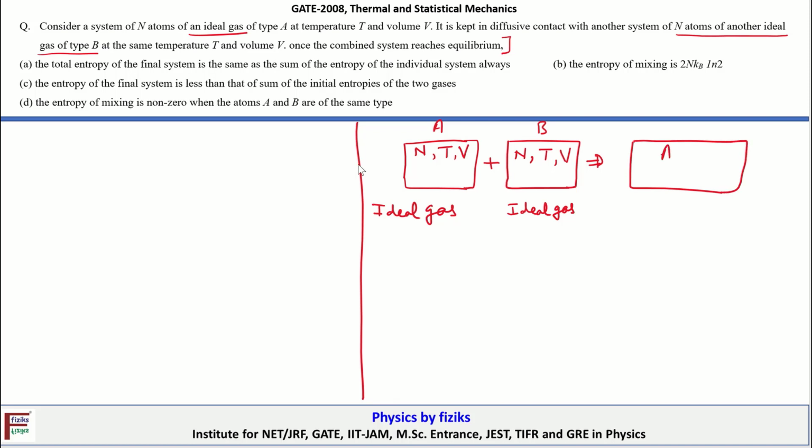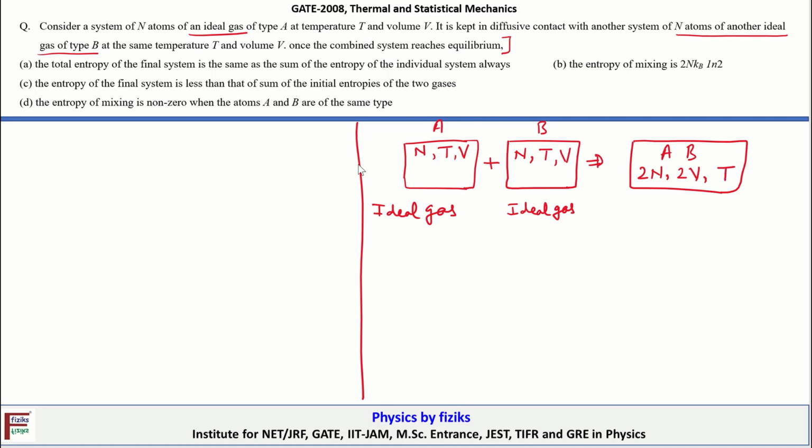A and B mixture, with a total of 2N atoms and a total volume of 2V. But because it's a purely ideal gas, the final temperature is not going to change.